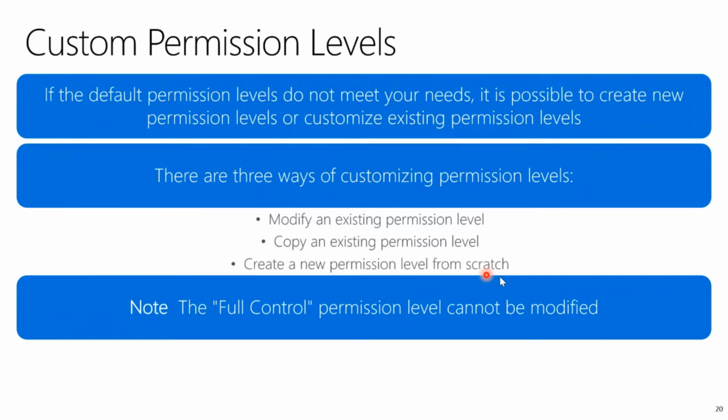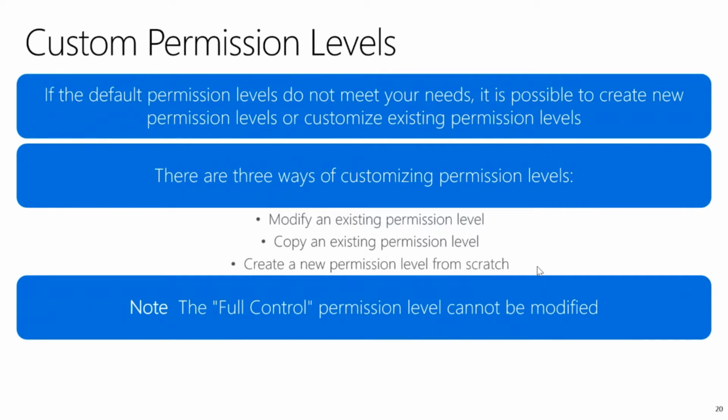For example, I want a user to be able to add an item, but not delete an item. That permission level is by default not there, because we just looked at the default permission levels. So that would get us to the need of creating a custom permission level.